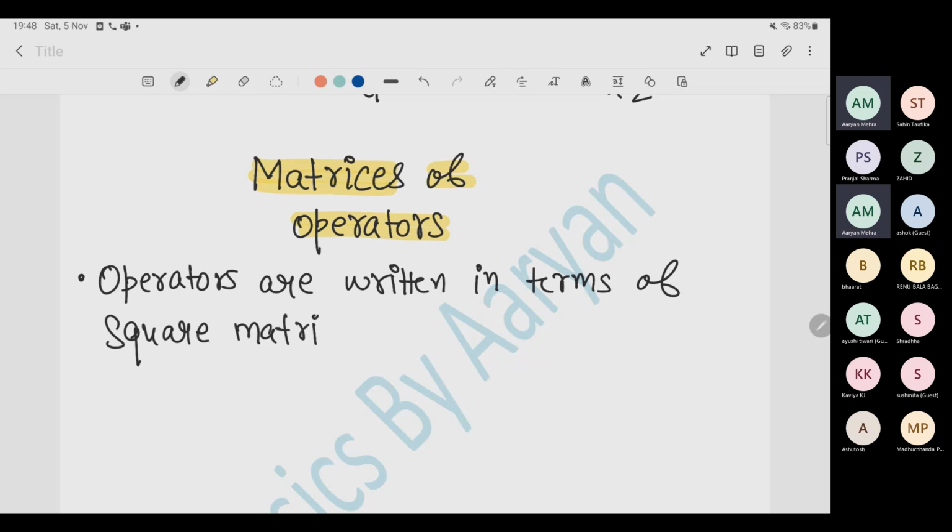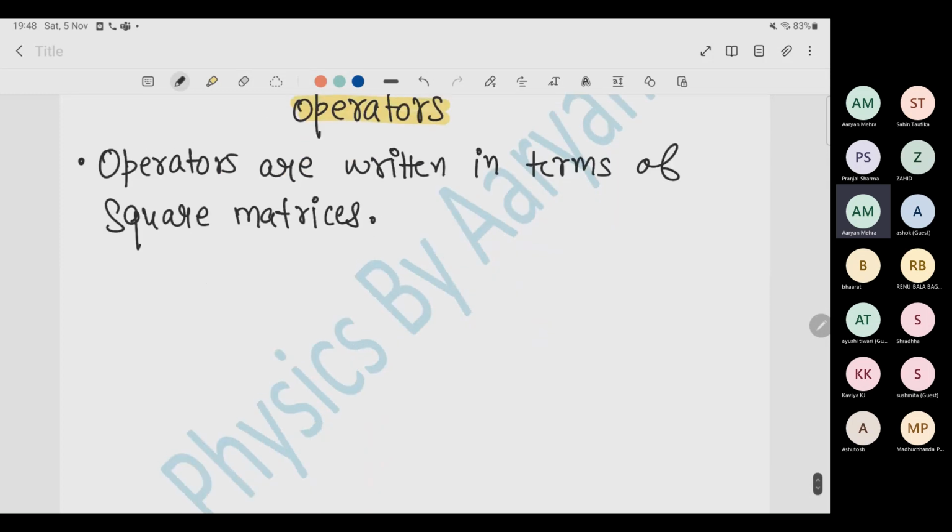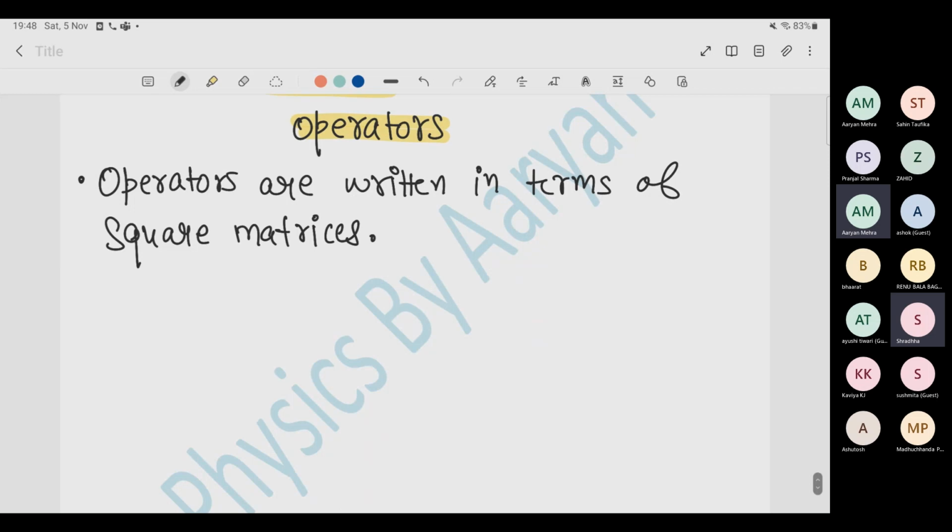And can anyone tell me how we write the states? States are written as it is, right? Means the symbol that we denote them in. No. States are also written in matrices, but which matrices? The column matrices. Yes.